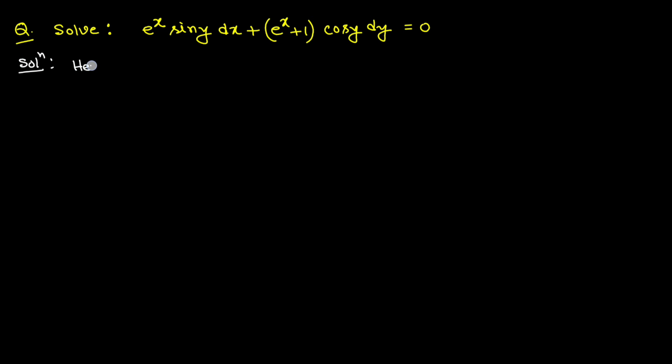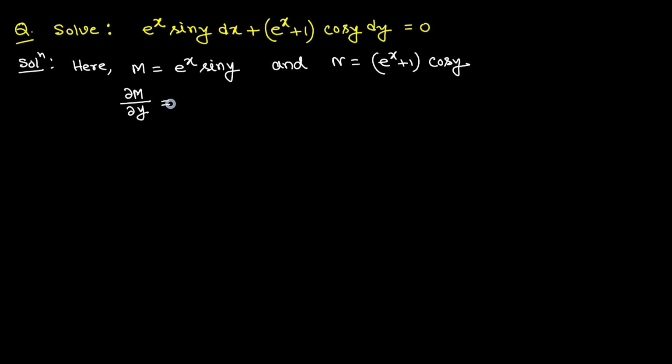So here m is equals to e to the power x sin y, and n is equals to e to the power x plus 1 cos of y. Okay, so what will be del m del y? Del m del y, that means partial derivative with respect to y.